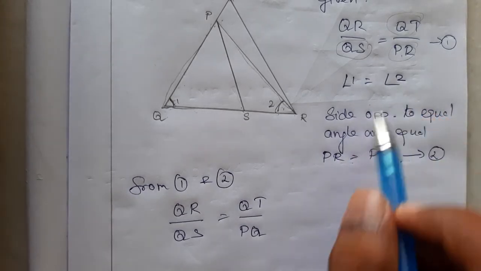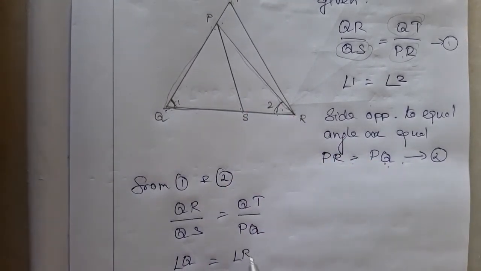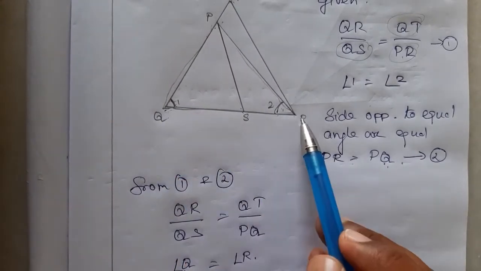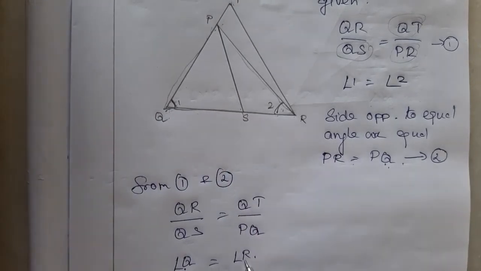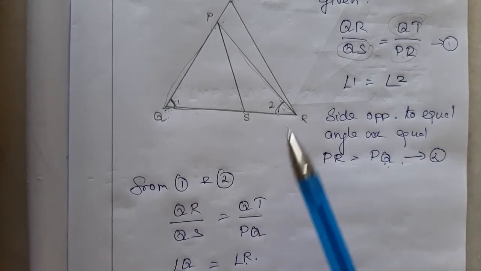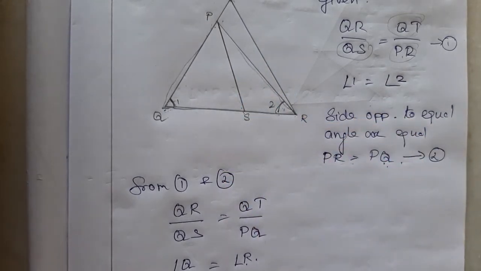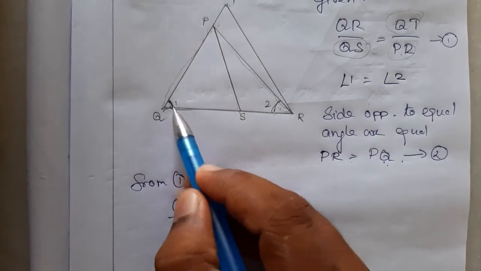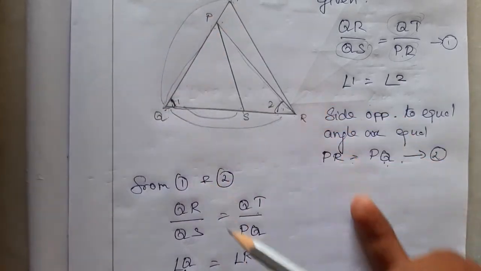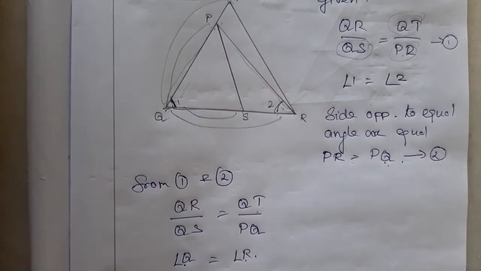And angle 1 is nothing but angle Q, and angle Q is equal to angle R. So now by SAS, angle Q and the sides QR and QS, angle R, you can see QT and PQ, right? And this angle is common for this side, this is common for both the triangles, right?